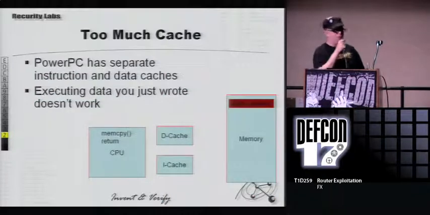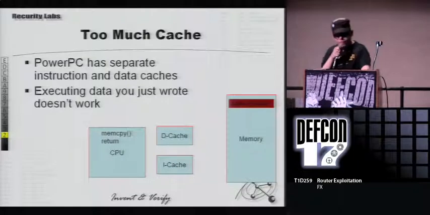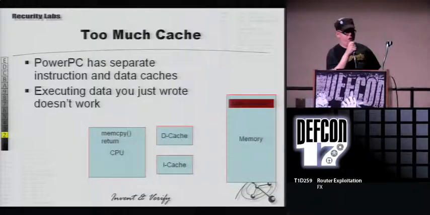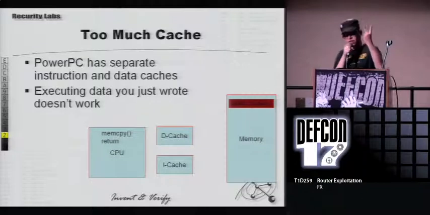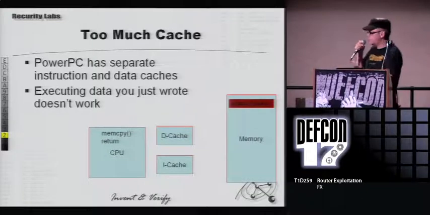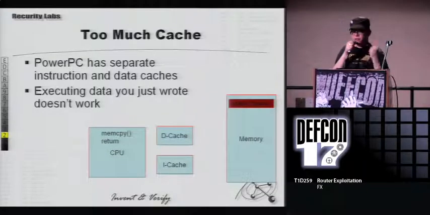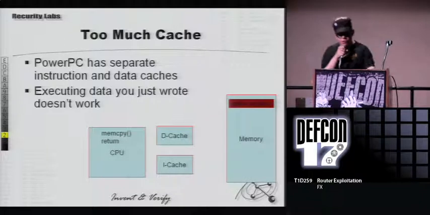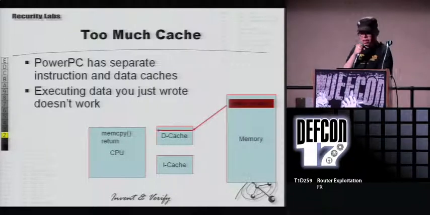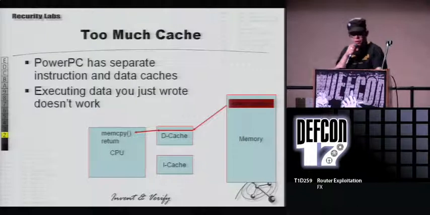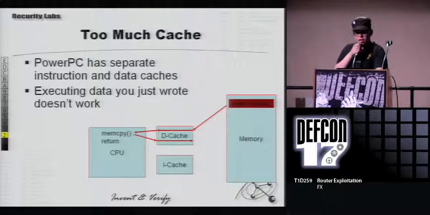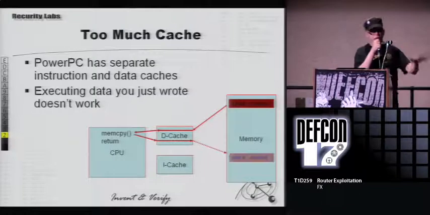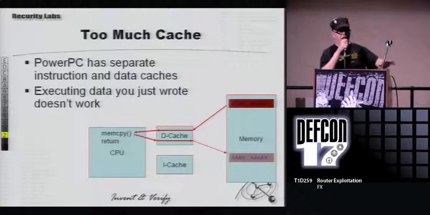But you have a problem, another one, so to say. Essentially, we have too much cache. Rare thing to have, but we have too much cache. We have 2 different caches. We have one cache that is a data cache and another one that's an instruction cache. Now what this means is if you actually have a buffer overflow, like this memcopy here, or any other copy operation, it actually doesn't really write into memory, but it actually stays in cache.